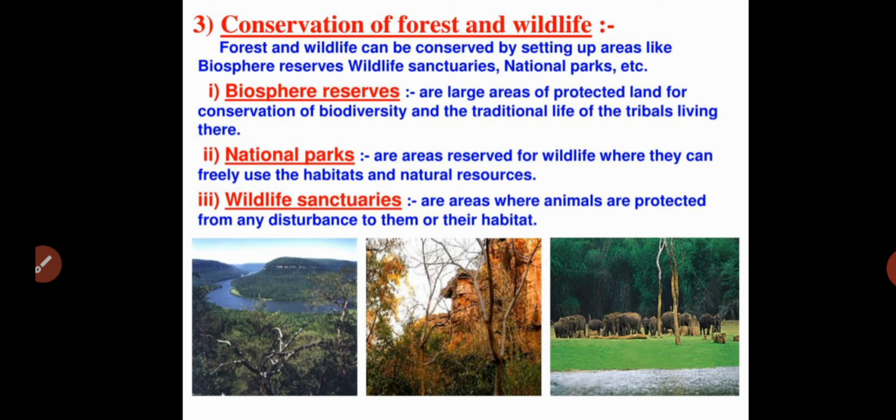How does conservation of forest and wildlife take place? You have to encourage or build biosphere reserves, wildlife sanctuaries, national parks and other things like that. You have to know them one by one.